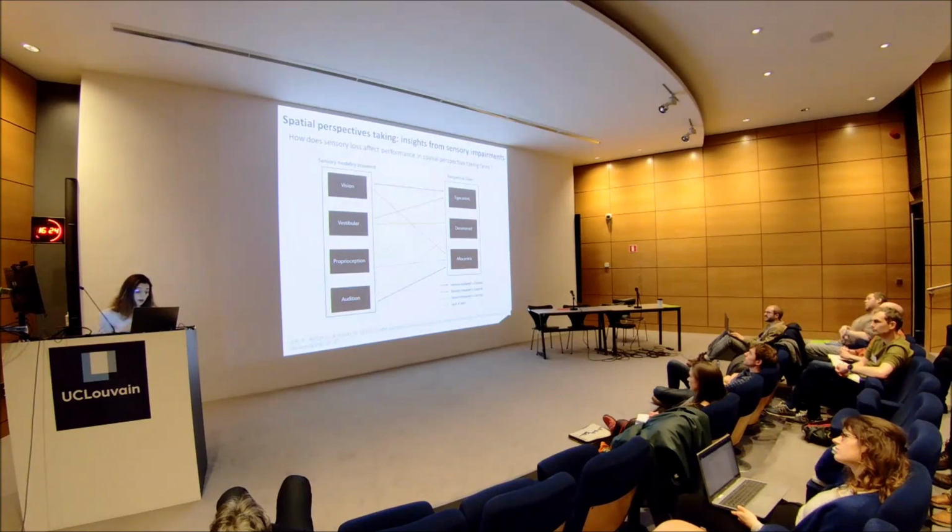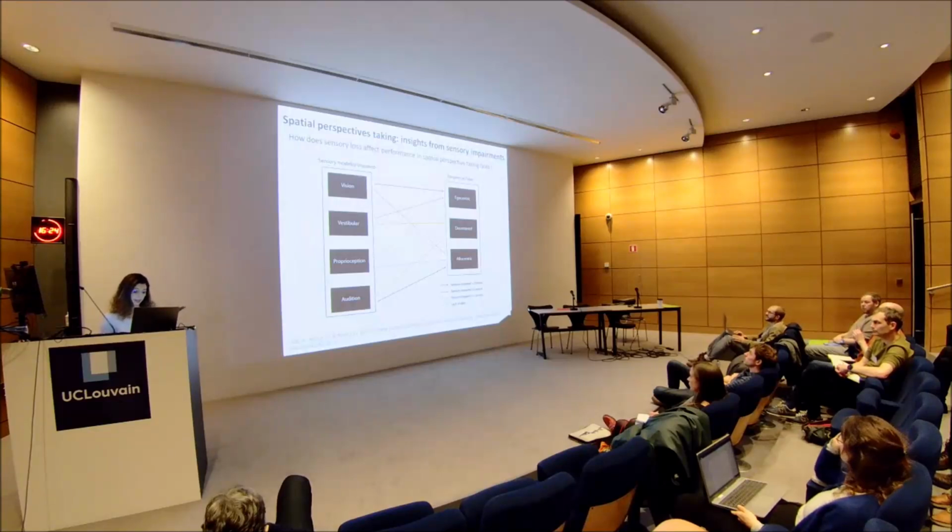So here, basically, people with visual impairments are better than controls in egocentric tasks and worse in allocentric tasks. People with vestibular impairments are worse in egocentric tasks and have the same performance when they are required to adopt a decentered perspective.